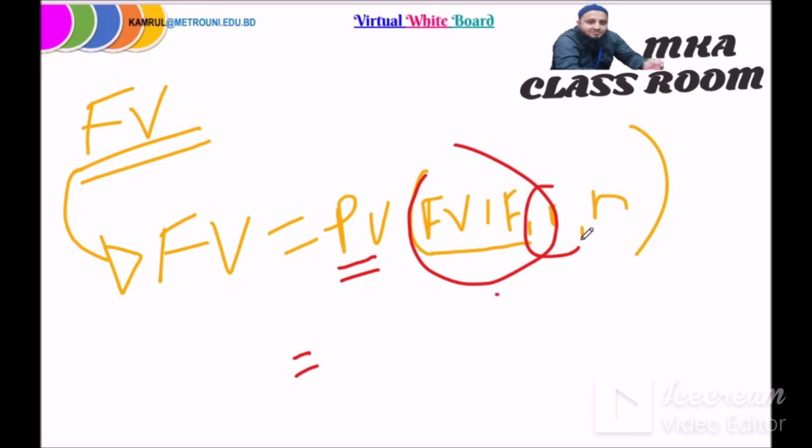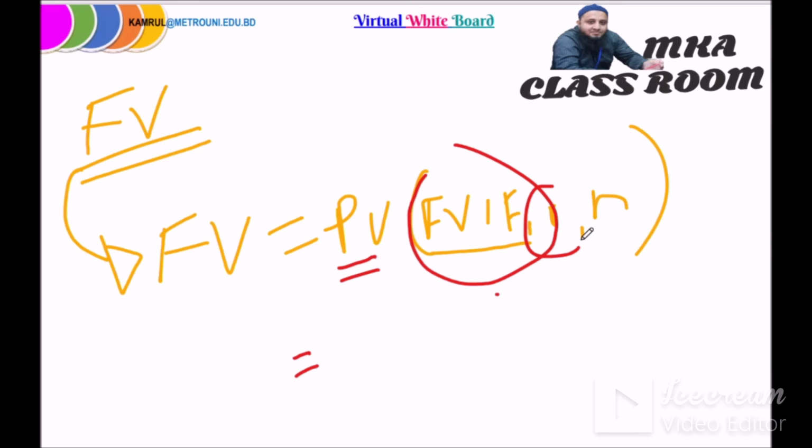In the same way you can solve a present value problem. Present value equals future value times the present value interest factor at r and n. So the name of our table is the present value interest factor.